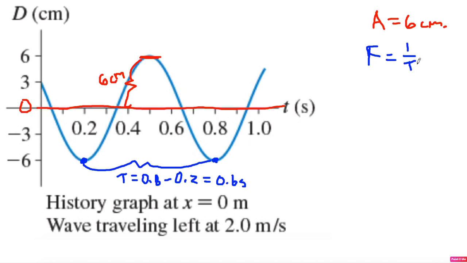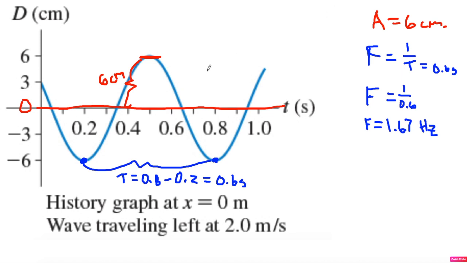So if we know that T equals 0.6 seconds, then we know that frequency is 1 over 0.6, which is equal to 1.67 hertz.